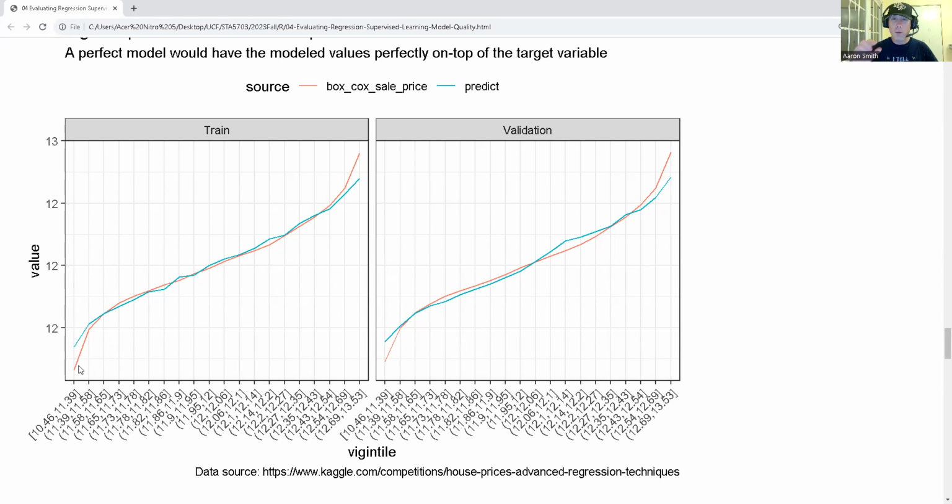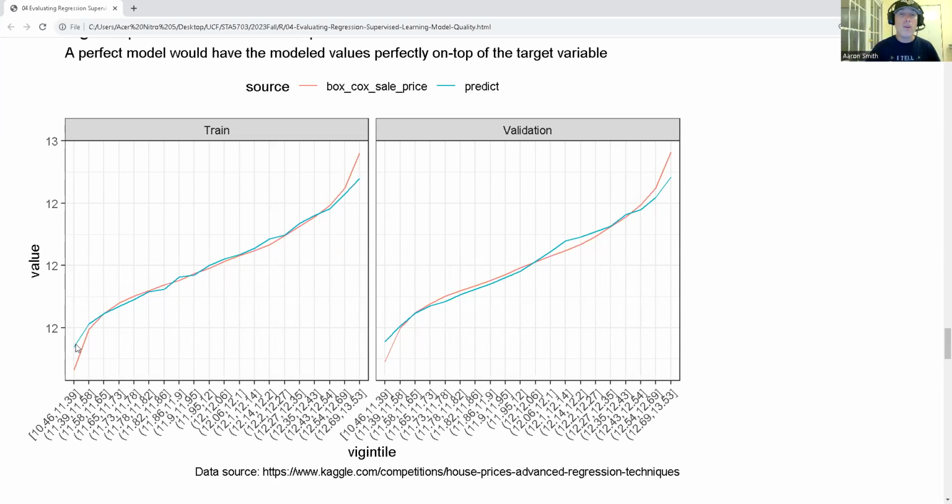This isn't an exact perfect match like the scatter plot, where each time I have a y value and x value, they match perfectly. Here, I've got the x value, which corresponds to the bin. The y values are averages. I'm taking the average in a bucket for the target variable, and the average within the bucket of the predicted values. And I'm checking to see, are the averages close?